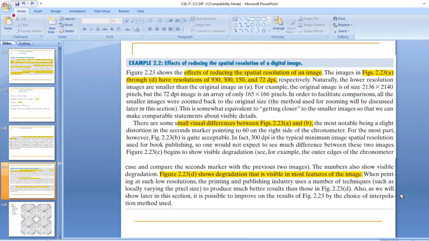You have one image, and what you are doing with the image is reducing the DPI. You are reducing the value of DPI, dots per inch. It means you are reducing the number of dots per inch. Okay, so just see the effect on the image.